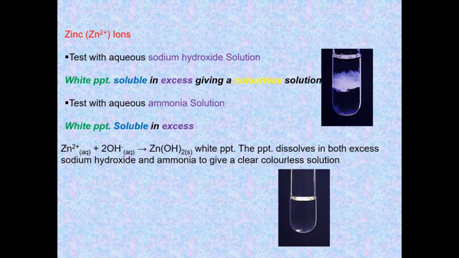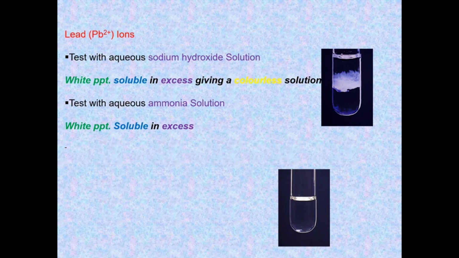Just know that zinc dissolves in both excess sodium hydroxide and ammonia to give you a colorless solution. For the lead ions, basically it's soluble in excess sodium hydroxide, but not soluble in excess ammonia solution.